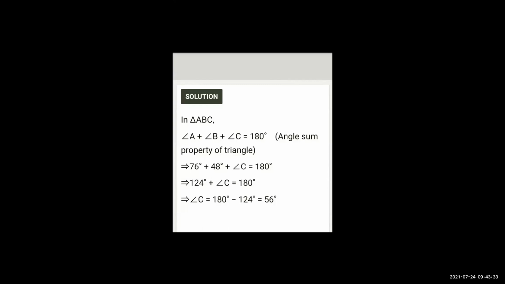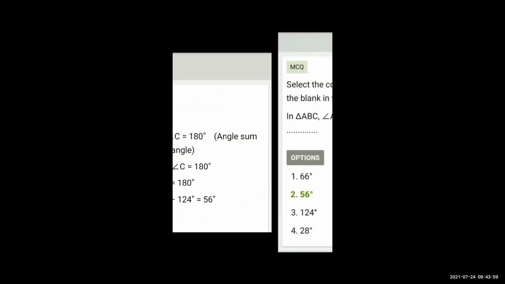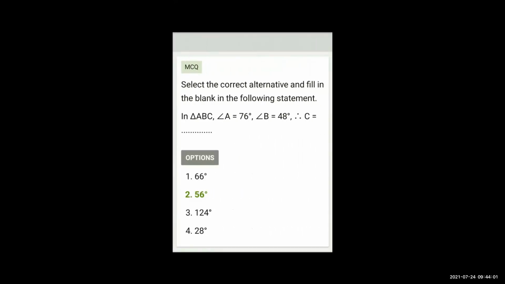Okay, now the sum of both these two angles, that is 124 plus angle C equal to 180 degree. And to find the value of angle C, the value is subtracted from 180 degree, and we got it 56 degree. So the measurement of angle C, we got it 56 degree. So the right option is 56 degree.